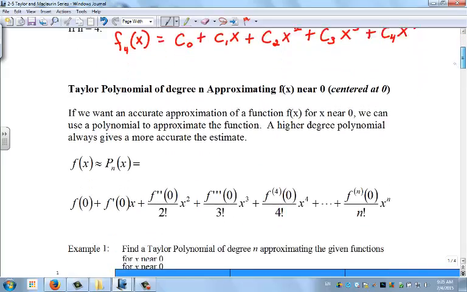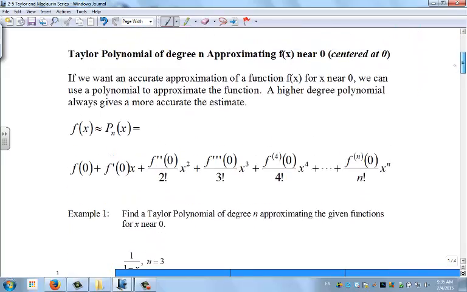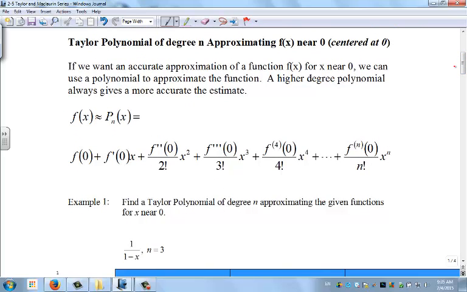So for a Taylor polynomial, we do a specific formula, all right? So we find a function of x, a polynomial of x, by generating the following terms.